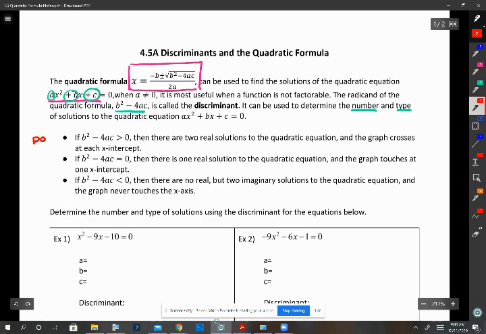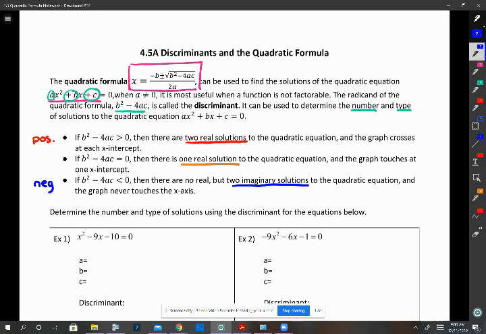Then you get two real solutions. If that value underneath the radical equals 0, then there's one real solution. And if b squared minus 4ac is less than 0, which means it's a negative number, then you get two imaginary solutions. You have that i because you have a negative under the radical.